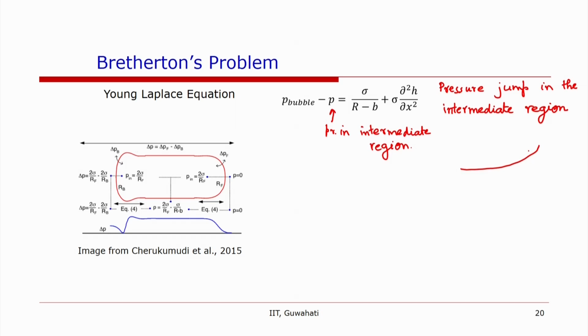So it has two radii of curvature, one is in this direction and another one is normal to it, which is in the say cylindrical region. So this is r minus h, so this has been approximated, as h is very small, so this has to be sigma over r minus h.